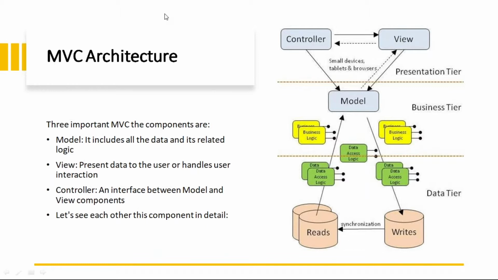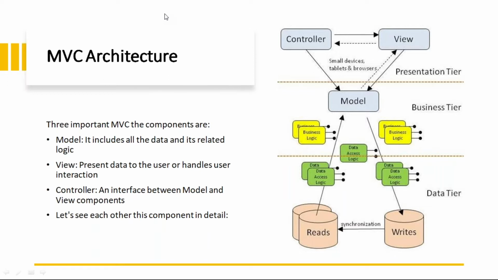From this diagram, you can see the model, which carries out the basic transactions on the database, which is CRUD: create, read, update, and delete. Then you have the view, which is the presentation tier. That's what the user sees.